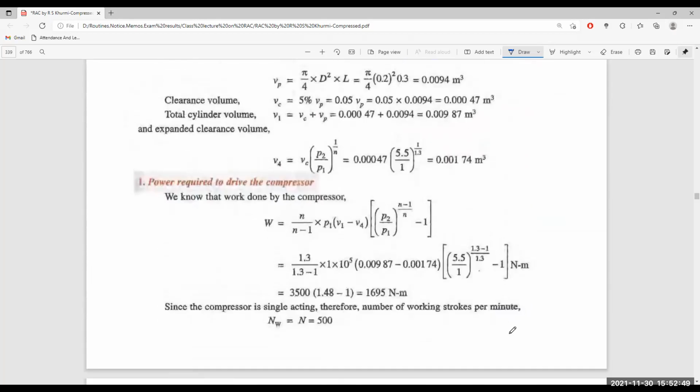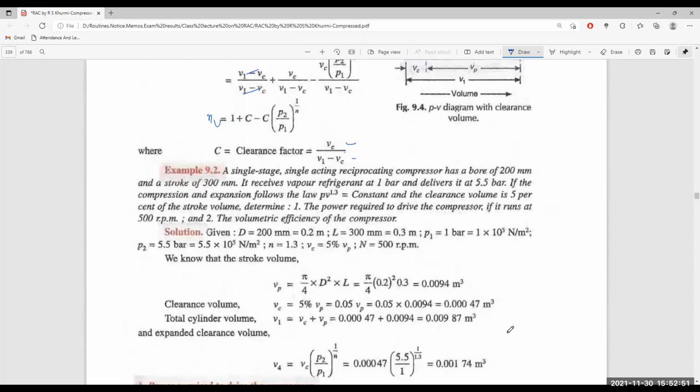Now, let us go through one practical problem before the demonstration. A large single-stage, single-acting reciprocating compressor has a bore of 200 millimeter and a stroke of 300 millimeter. It receives refrigerant at 1 bar and delivers at 5 bar.